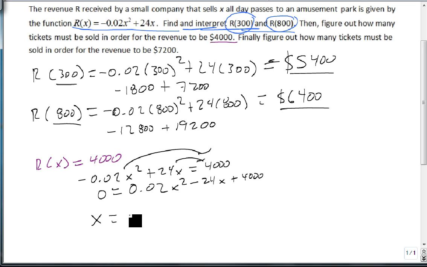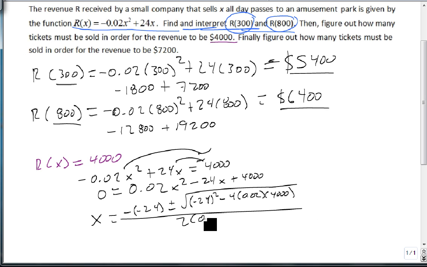So x is equal to negative b plus or minus the square root of b squared minus 4 times a times c, all over 2 times a.